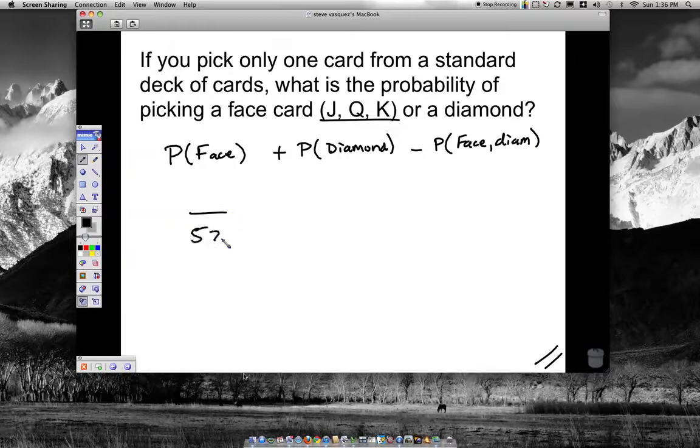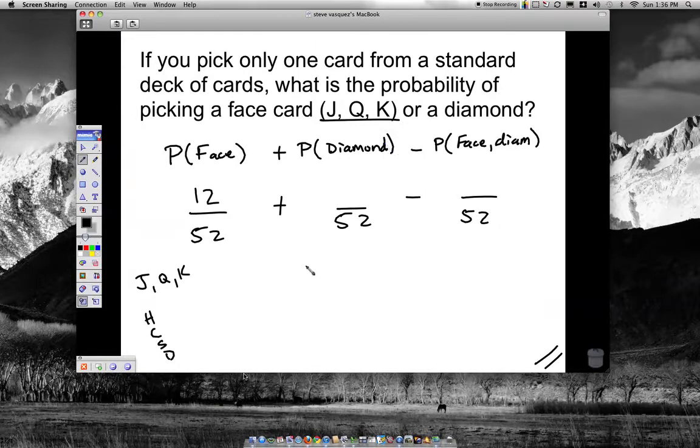In a deck, there's 52 possibilities. If I take a look for all the face cards, that's a Jack, a Queen, or a King, and then I have hearts, clubs, spades, and diamonds. So I've got 3 cards and 4 different suits. That gives me 12 possibilities for the face cards.